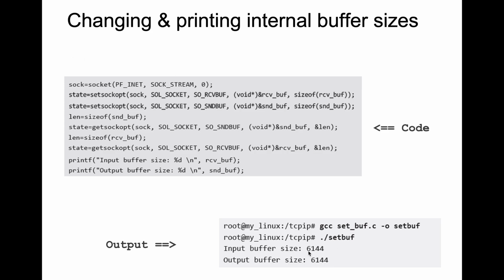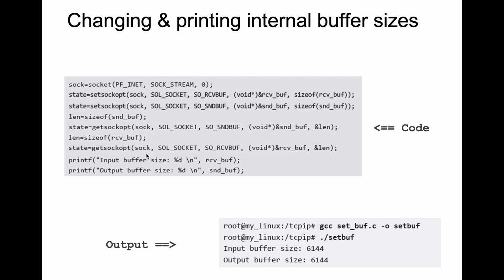The value of 6144 is stored a little bit earlier up above. And then after modifying it, we're seeing a different value when we make a getsockopt function call and store back the size of the receive buffer option of the same socket.